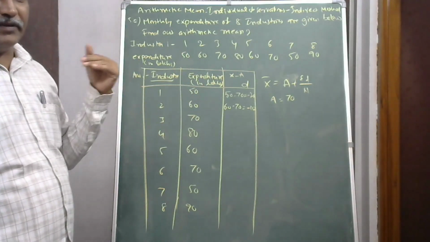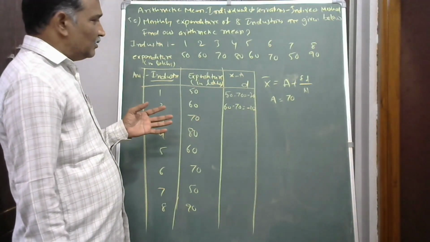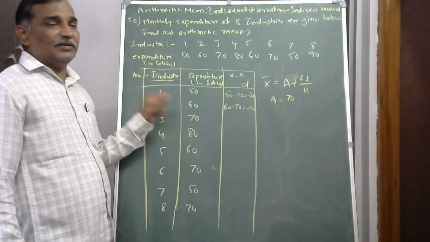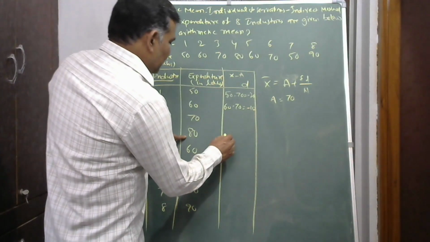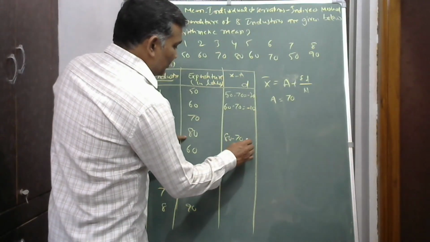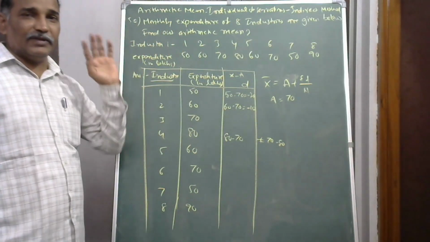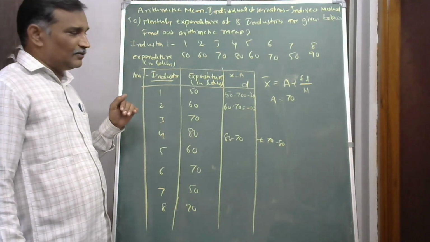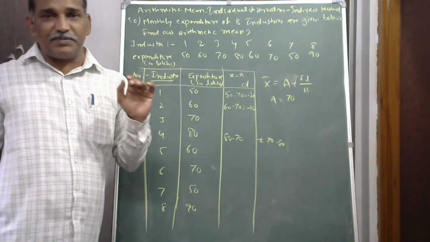We shall not do it in reverse, that is, A minus x. For example, for 80 we write 80 minus 70, but not 70 minus 80, as it will give a different result. We have to remember this specific point while calculating this problem.